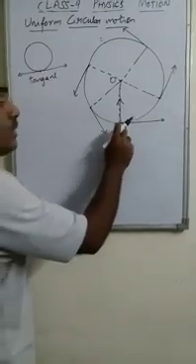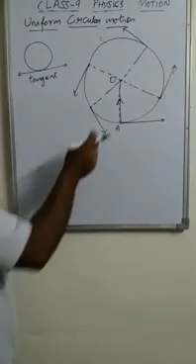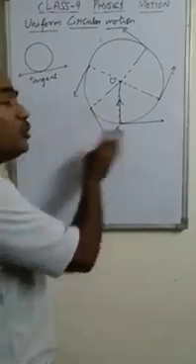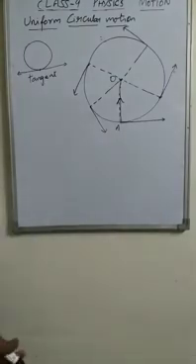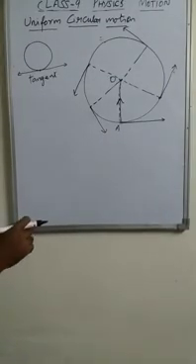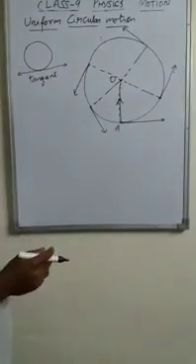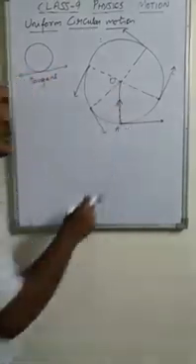Now here also it touches the circle at this point only. It can be extended in the backward direction also, but we are assuming the direction of motion here, so it is drawn in that direction. Now we can say at this instant the direction of motion is along the tangent to the circle.